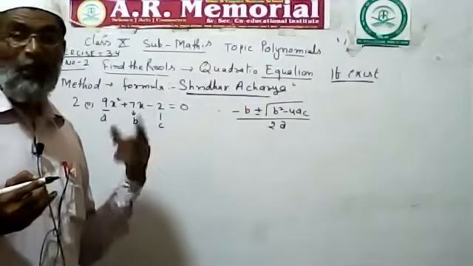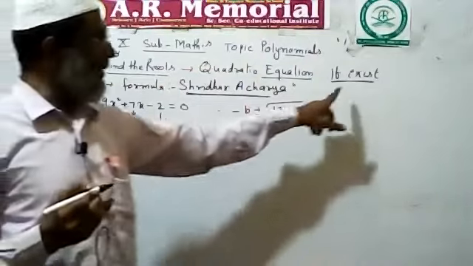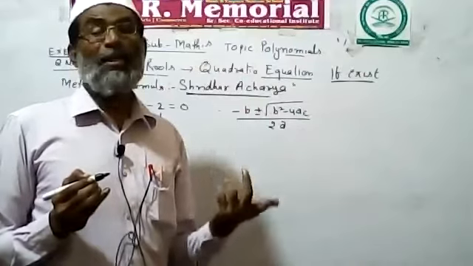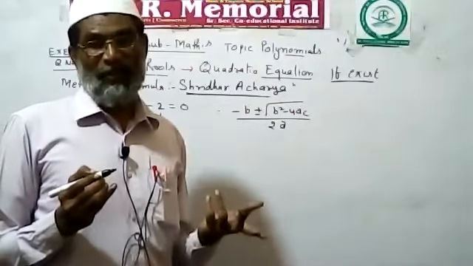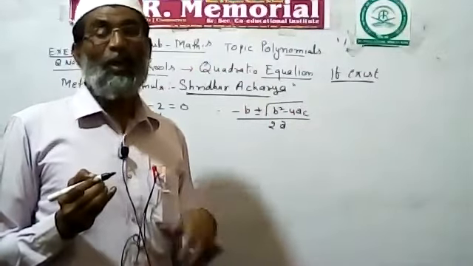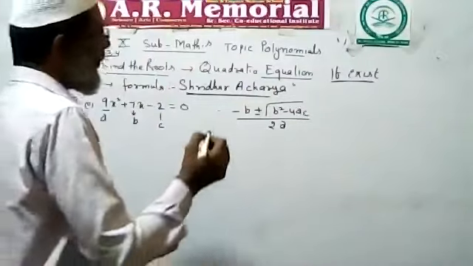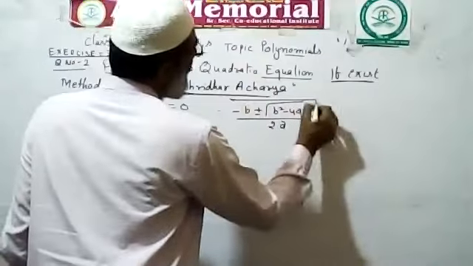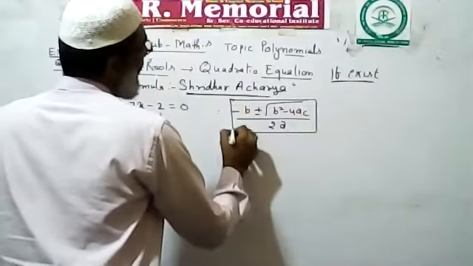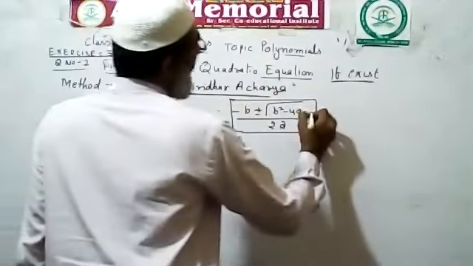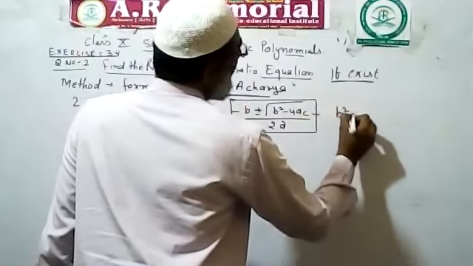But in the question, the condition is if they exist. First you check whether you can get the answer or not. Sir, how can we check? So partly, instead of using the full formula, take this upper part, b square minus 4ac.